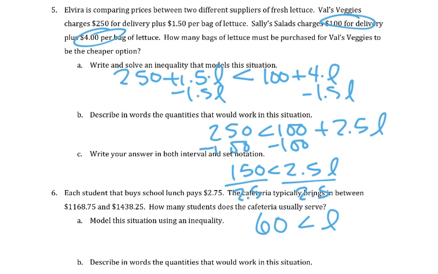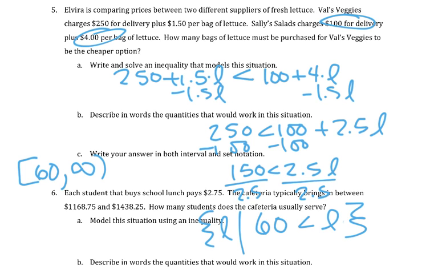So ordering more than 60 bags of lettuce would give us our answer. Interval notation would be from 60, because it's going bigger, to infinity again. Set notation would be for L, 60 is less than L. I can just probably leave it like that; I don't need to put the other side.